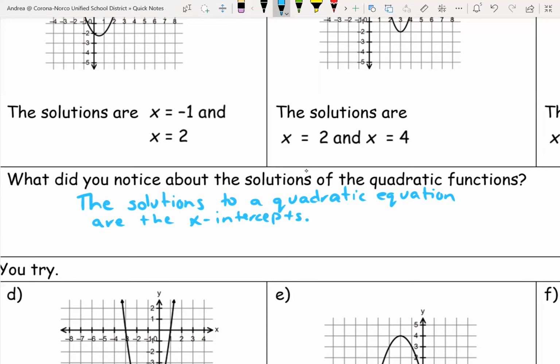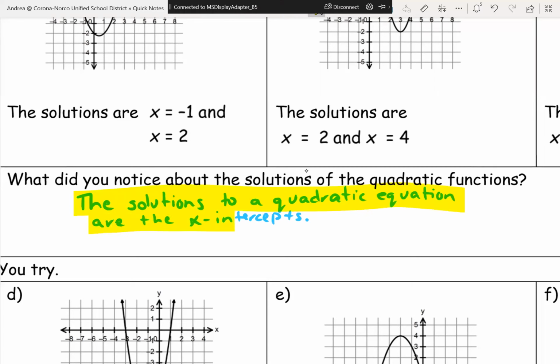Okay, they are the x-intercepts. Very important, highlight it, star it, circle it, however you need to know that that's what they are. If you're confused by the word x-intercepts, all it is is where it crosses the x-axis.